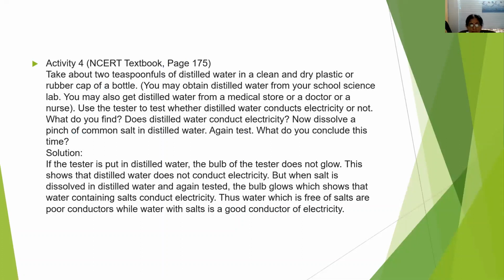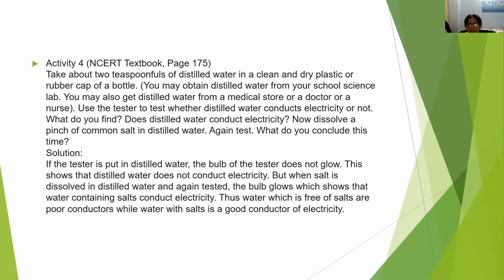Now we can use the same tester we used in the previous activity, or a tester with a bulb, to find out whether the distilled water conducts electricity or not. We have to observe that.